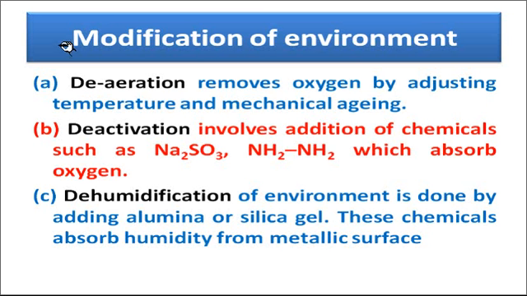Now the second point to control corrosion is the modification of the environment. We know that corrosion is the reaction in which the surrounding environment attacks the metallic surface. So we can minimize the corrosion rate by modifying the surrounding environment of the metal.